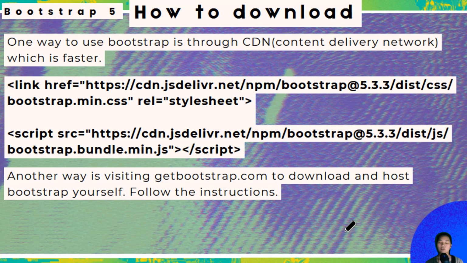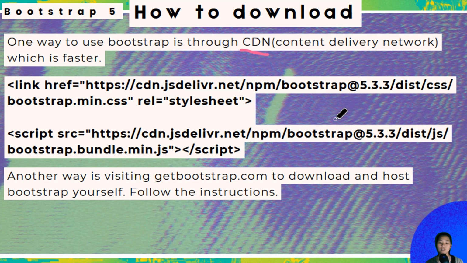First off, how to download. Bootstrap is very, very easy to download, and there are two methods that you can go about it. First off, you can use a CDN approach, or content delivery network approach, wherein you just need to input these two, as you can see here, link and script, to the head tag, the head section.